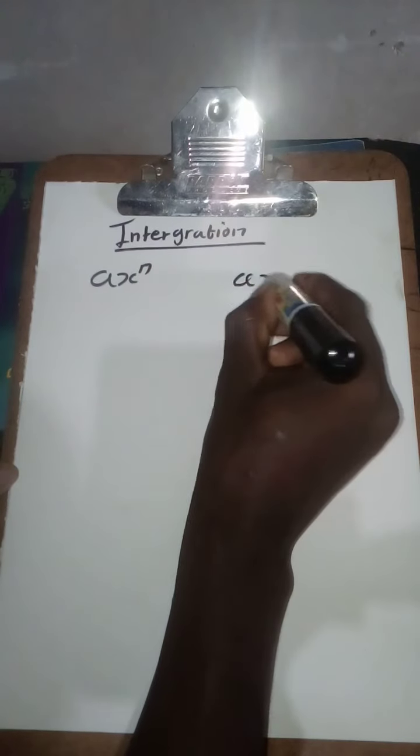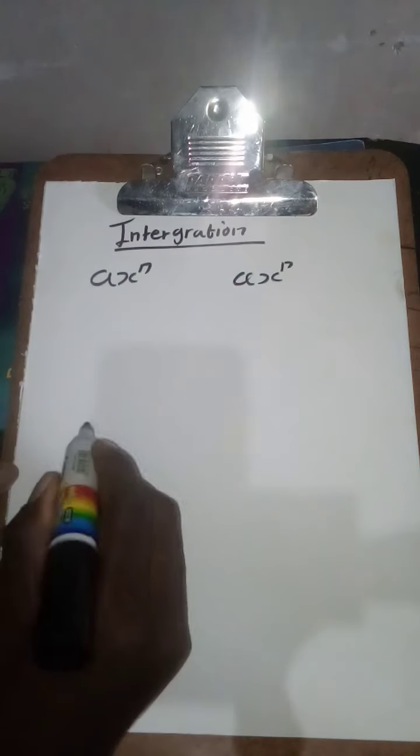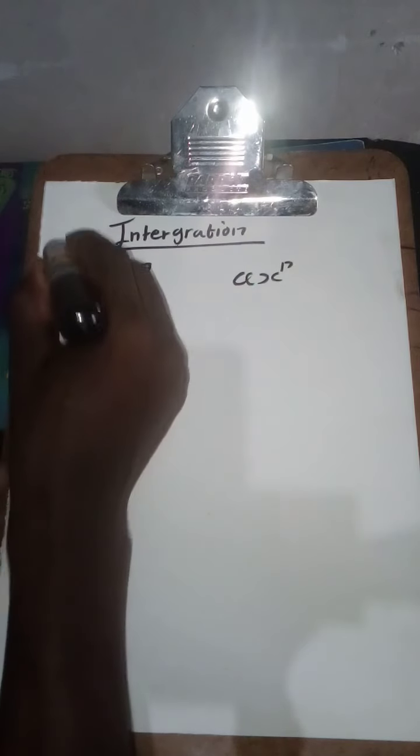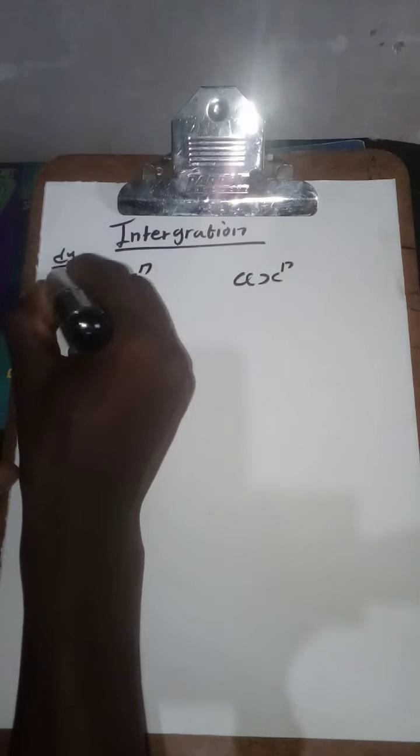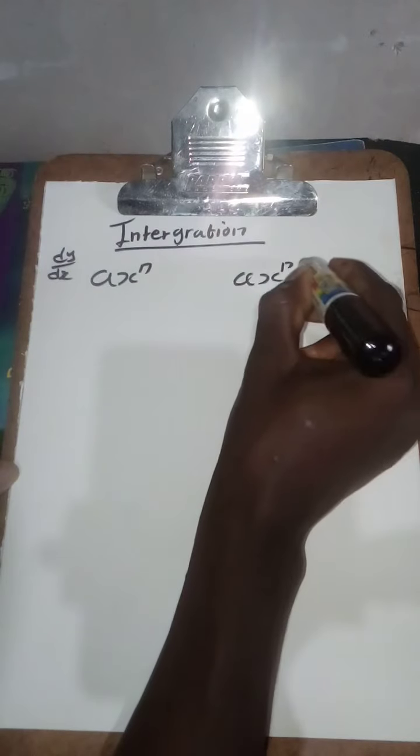To say the easy formula that helps us understand what integration is all about, the basic formula for integration, we have something like this, ax to the power n. Then here I do the same, the power n. In this case, let me say I'm differentiating. Here we are differentiating, then for this one, we are integrating.